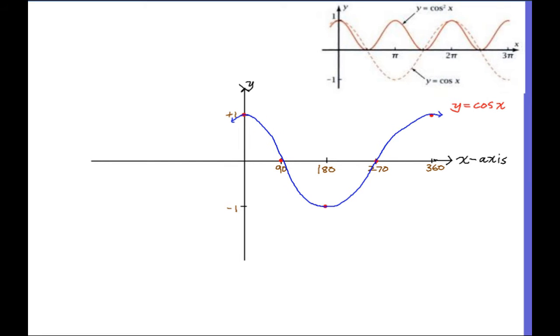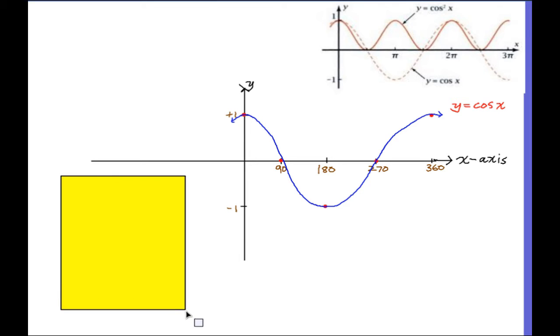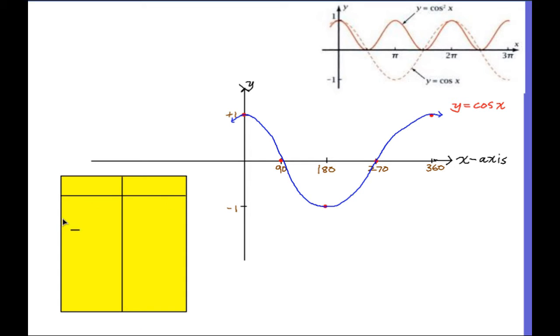Now, what about y equals cosine squared of x? Let's solve that here. We need a table of x and y values.